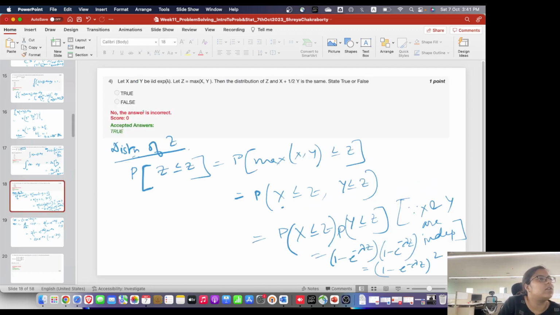Now we have to find out whether the distribution of Z and X plus half Y is the same or not.